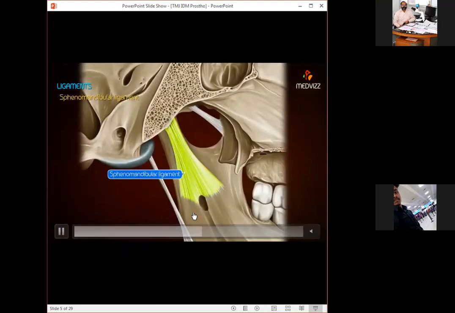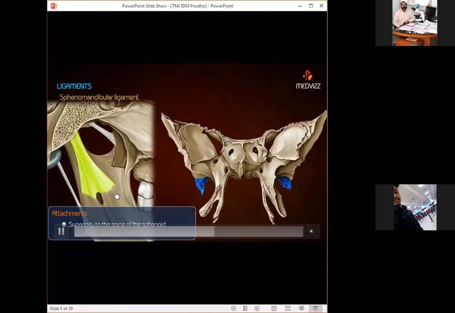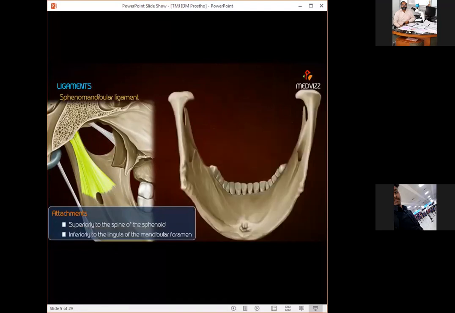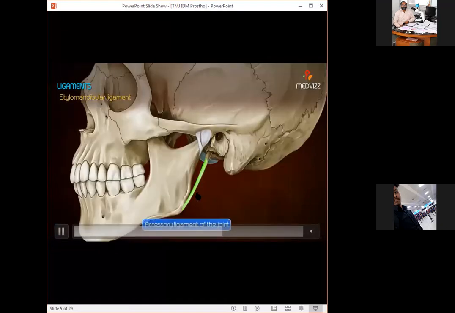Then you have the sphenomandibular ligament, which runs from the sphenoid and gets attached to the inner aspect of the ramus of the mandible, superior to the mandibular foramen. Okay, so it runs from the spine of the sphenoid to the lingula of the mandible, which is closer to the mandibular foramen.